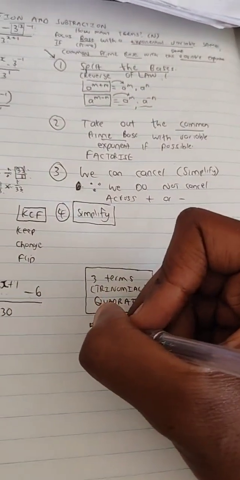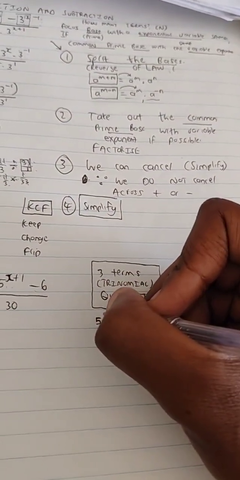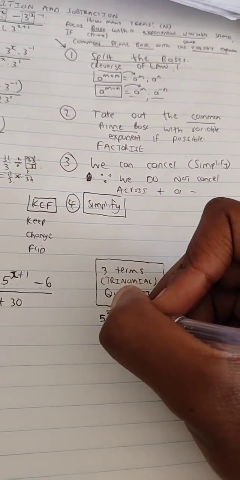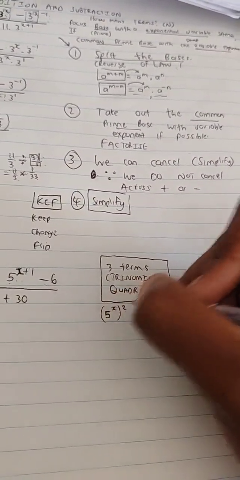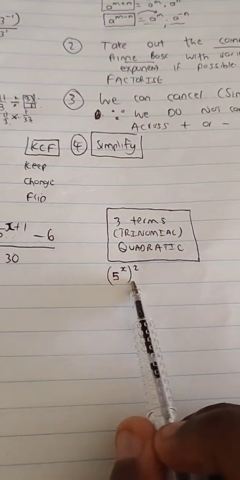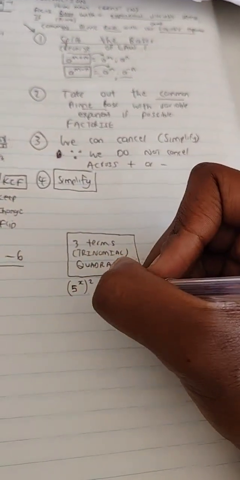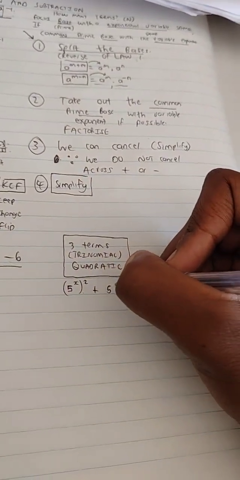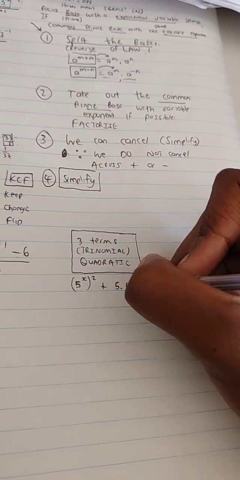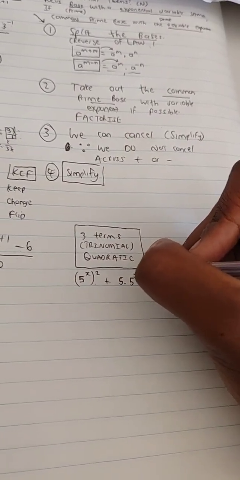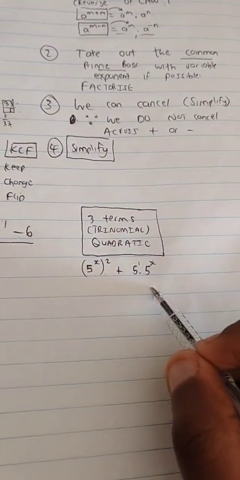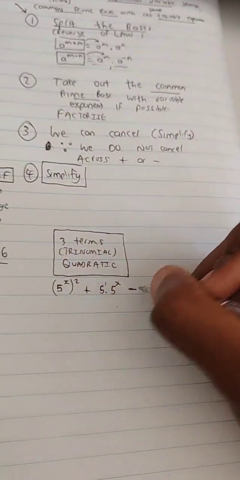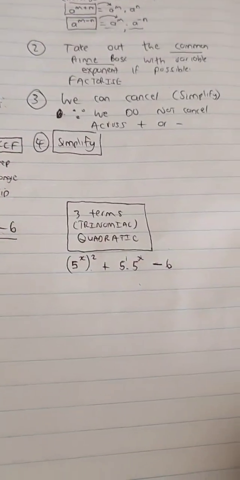Because, guys, 5 to the power 2x can be written as 5 to the power x, squared, if you think about it. This 5 to the power x plus 1, if we were to split it, would be written as 5 to the power 1 times 5 to the power x. And this would be minus 6.